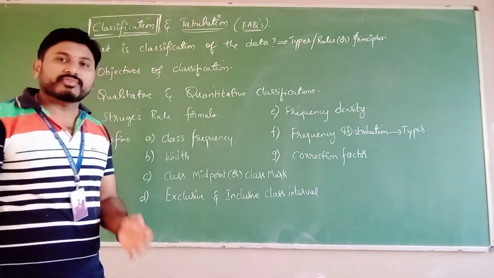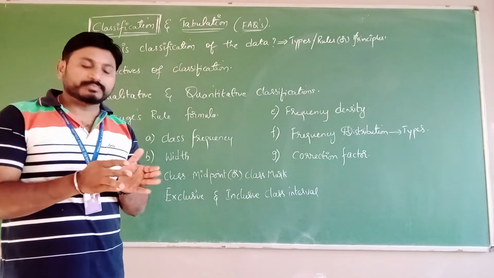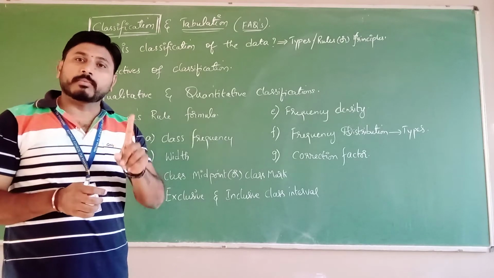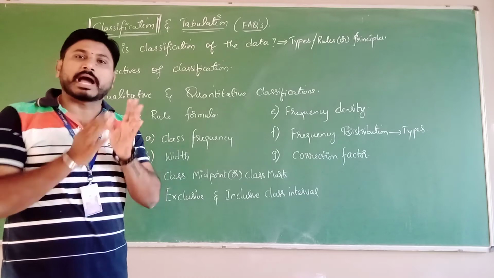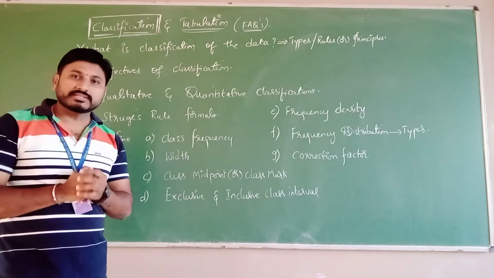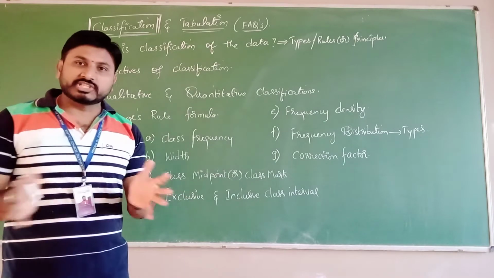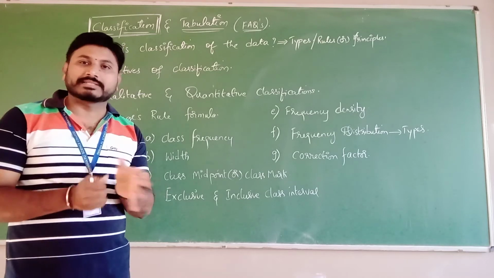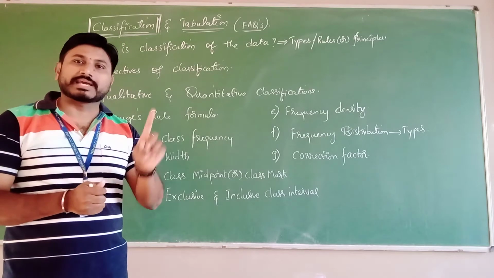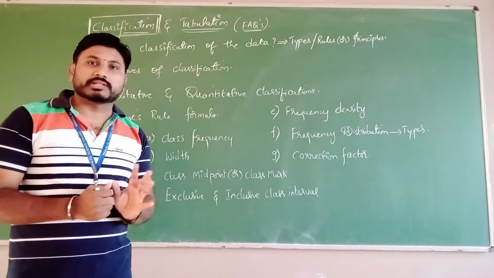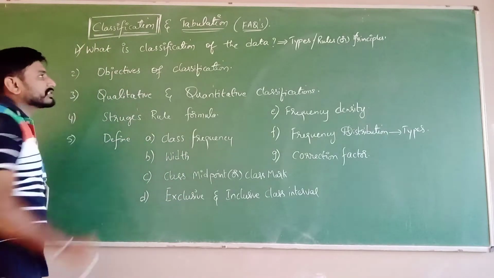Classification is a process of arranging the data into classes or groups according to a common characteristic possessed by the items of the data. I repeat once again, classification means a process of arranging the data into groups or different classes according to a common characteristic possessed by the items of the data. That is called classification.